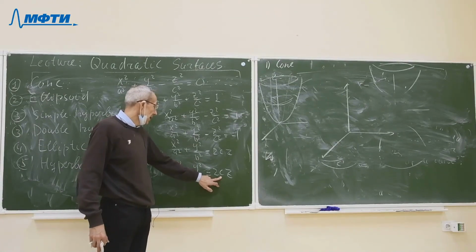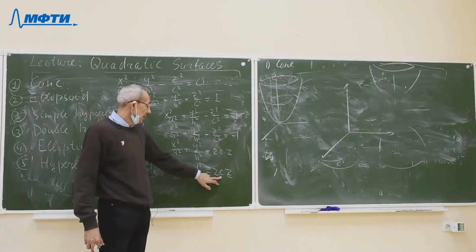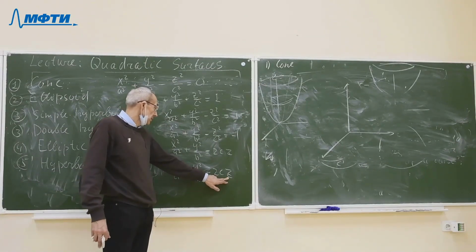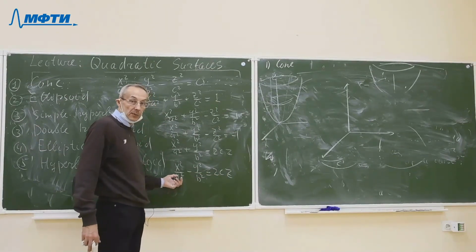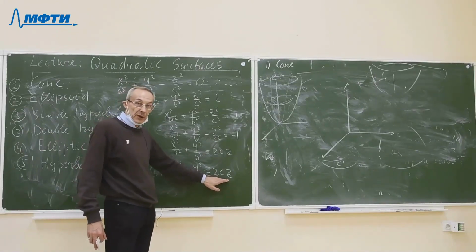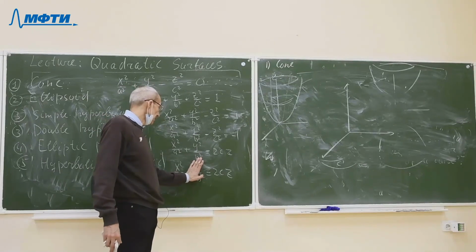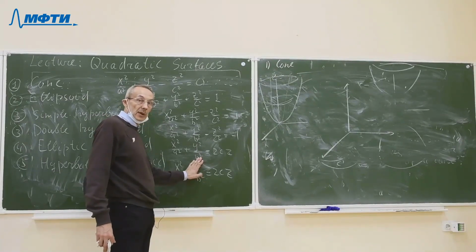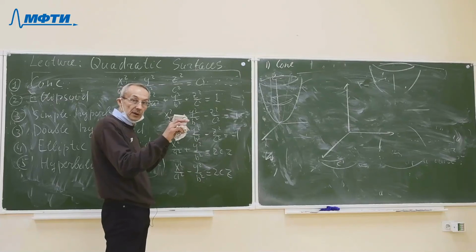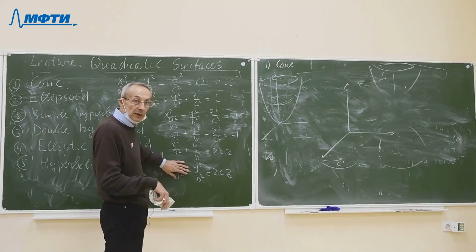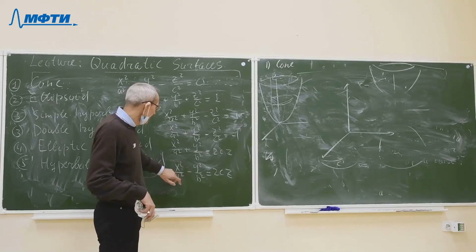When c is positive, we obtain a hyperbola, and when negative also a hyperbola. If y is equal 0, we obtain a parabola with up-directed branches. If x is equal 0, we obtain also a parabola, but with down-directed branches.